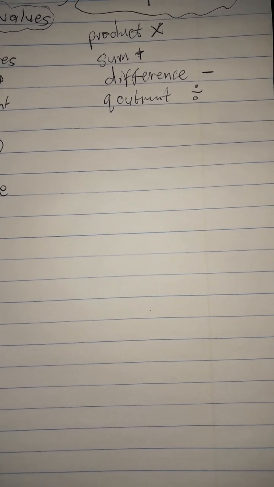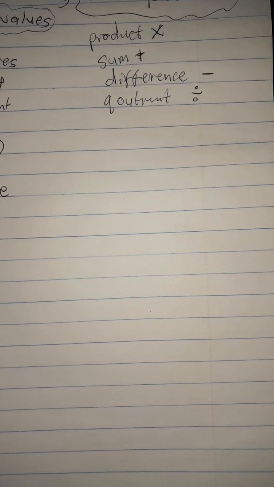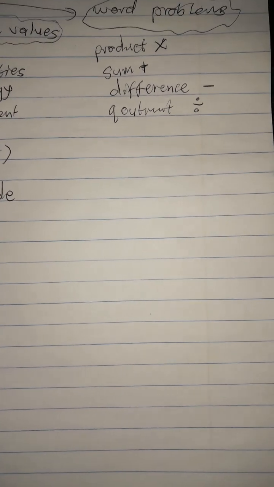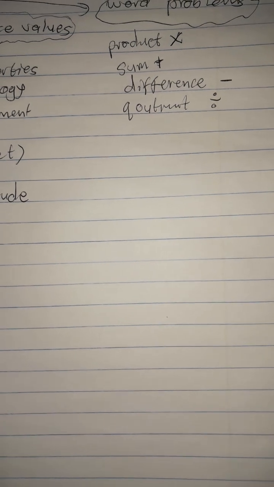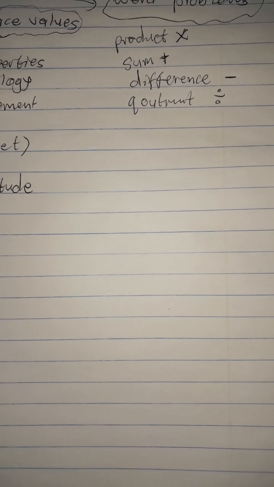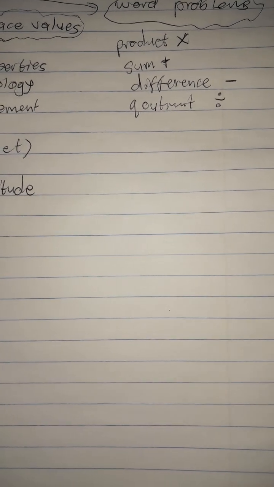Sometimes in MIP 1501, "and" means that you add. So total, you know that they're looking for sum. Product, you know that they're looking for multiplication. Difference, you know that they're looking for subtraction. And quotient, we all know that they are talking about division. And sharing has to do with what?